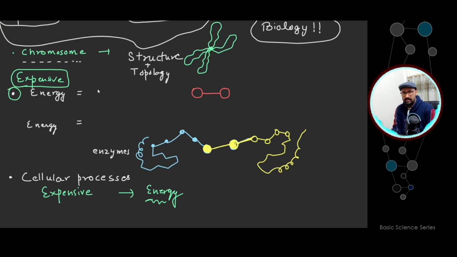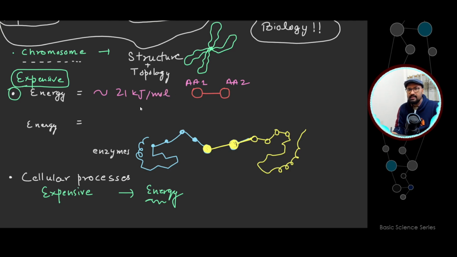Here, I'll give you an example. In the case of peptide bond formation between two specific amino acids, the average energy requirement is approximately, let me just reconfirm it, 21 kilojoule per mole.